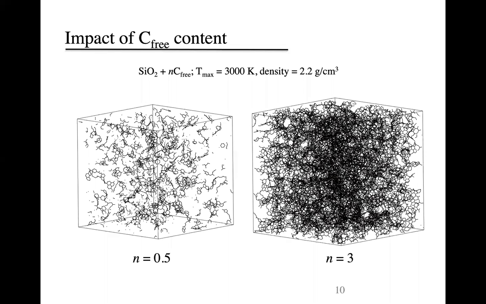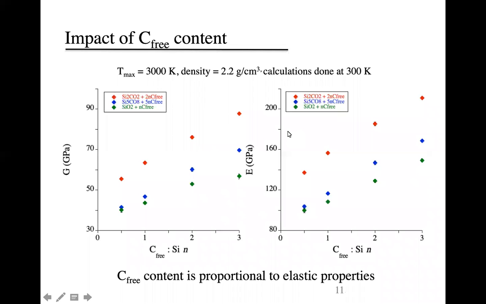The only thing that is changed is the ratio of free carbon to silicon, or N. So calculation of elastic properties indicates that increasing the free carbon content results in an increase of shear modulus and Young's modulus. Essentially, the free carbon content is correlated to elastic properties and thus is not going to result in a decrease.